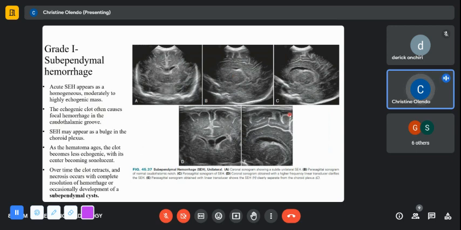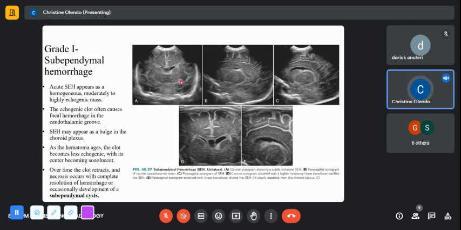As the clot ages, the central area becomes sonolucent, and there might be an echogenic rim around it as well. As the clot heals or retracts, you have two options: either a complete resolution of the hemorrhage, or formation of a subependymal cyst.